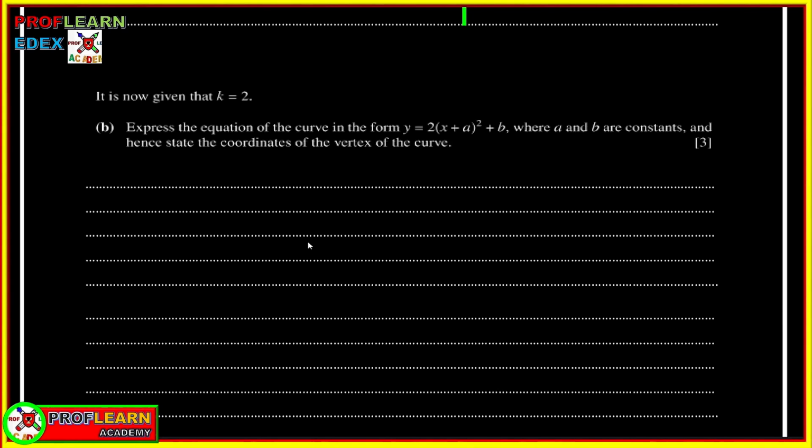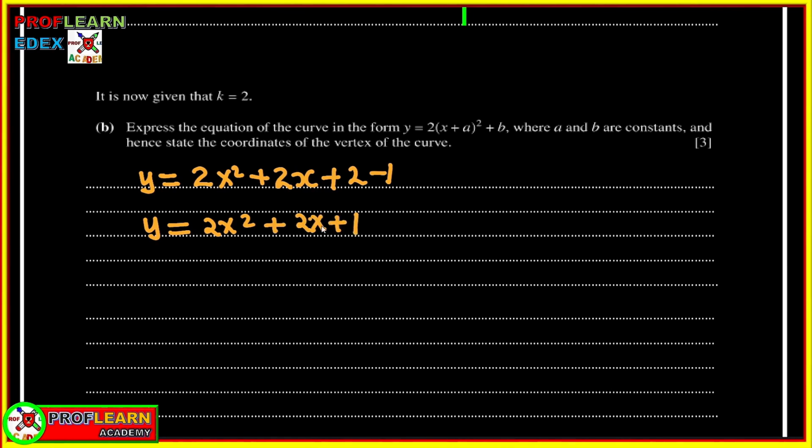Now, given that k equals 2, express the equation in the completed square form. We have done this kind of question enough, so I don't believe we are going to dwell much on explaining this one. You factor out what's common and then complete the square inside the bracket.